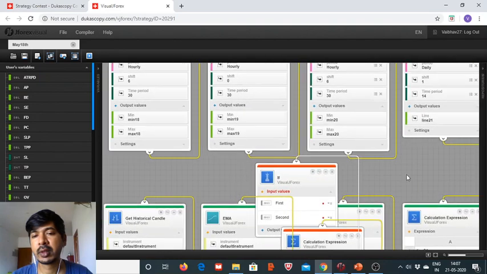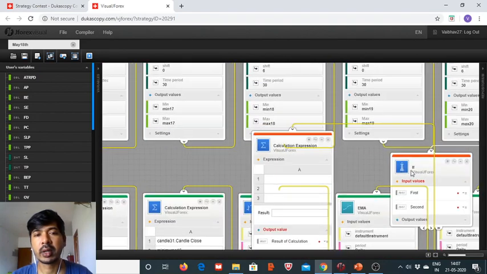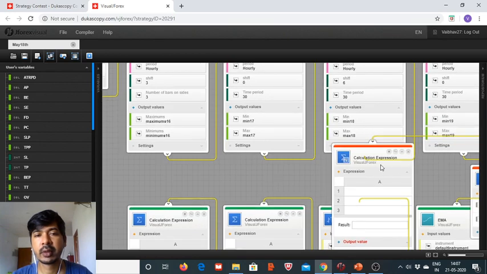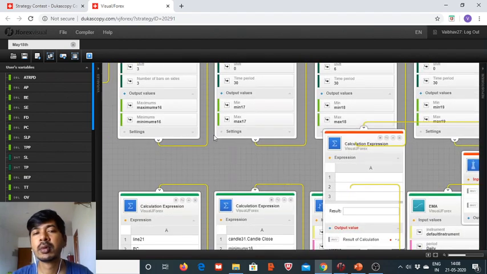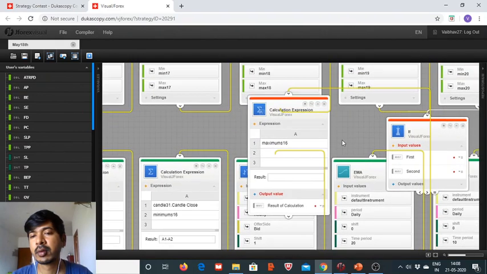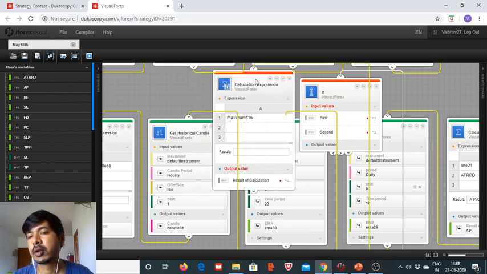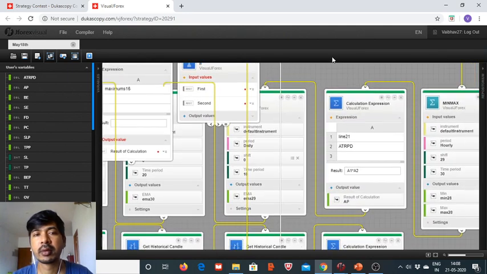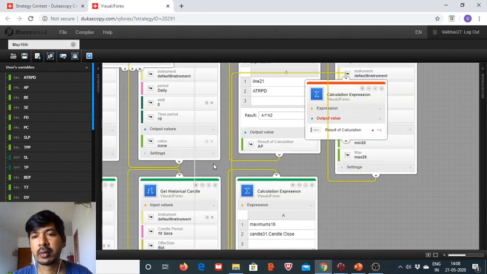So now we need the calculation here, the maximum 16 less 5% of the ATR, that is AP.